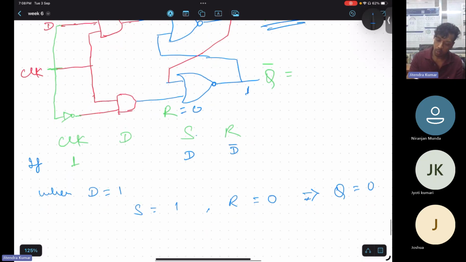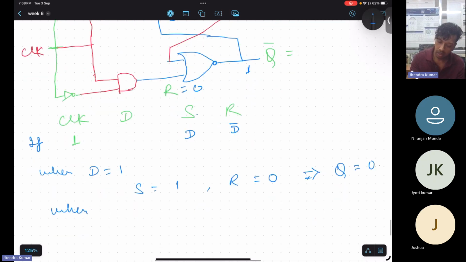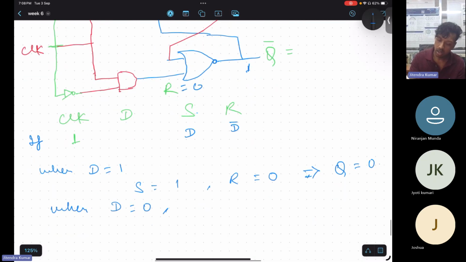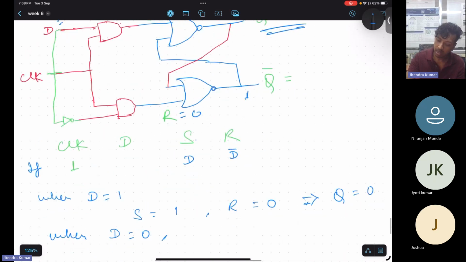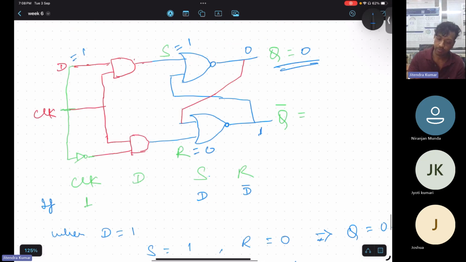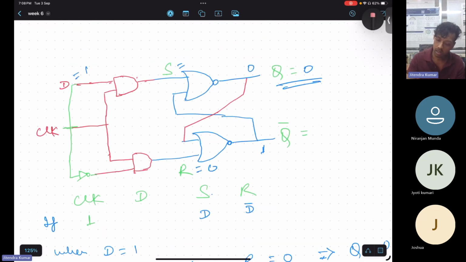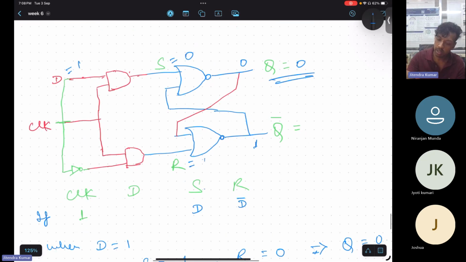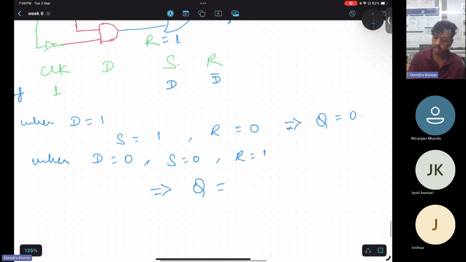In another case, when D is equal to 0, S will be equal to 0 and R will be equal to 1. In that case, what will be Q? In that case, Q will be 1. So what does it imply?